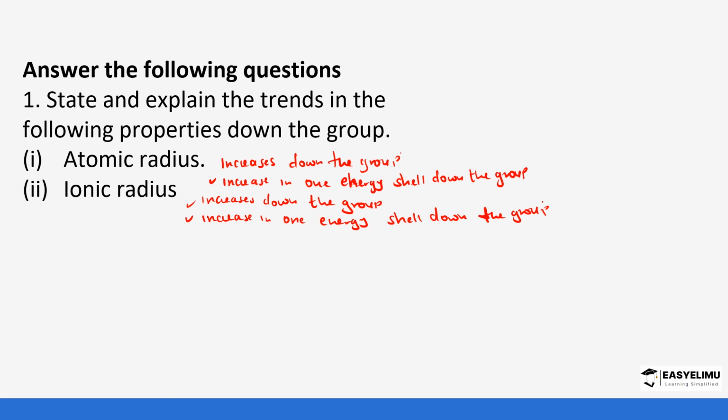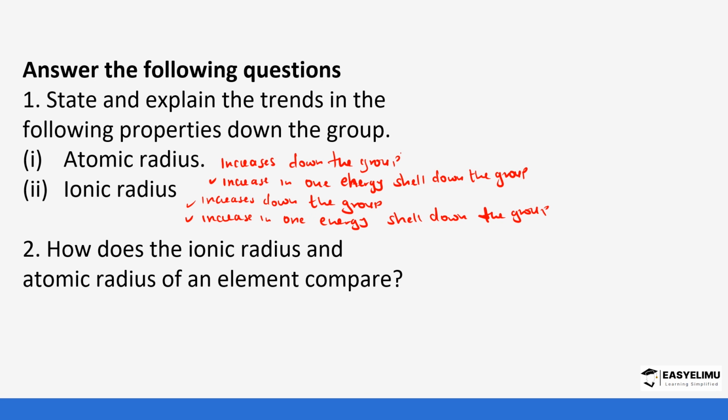And then how does the ionic radius and atomic radius of an element compare? We said that the atomic radius is larger than the ionic radius.